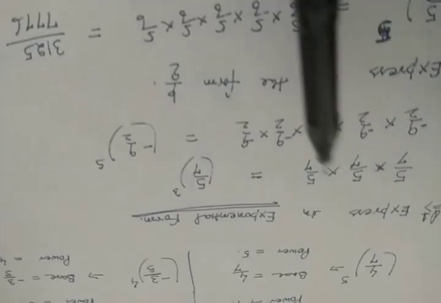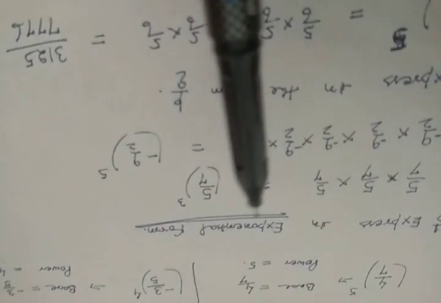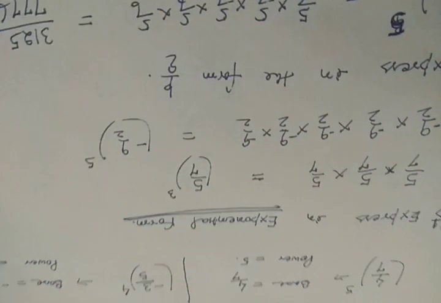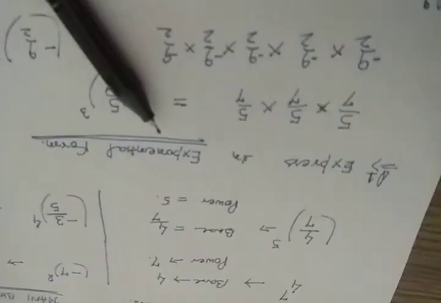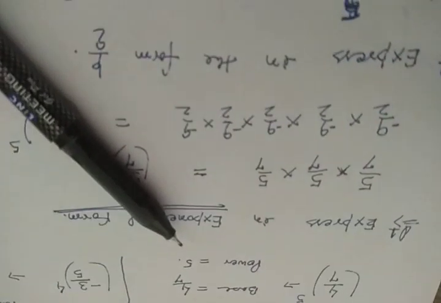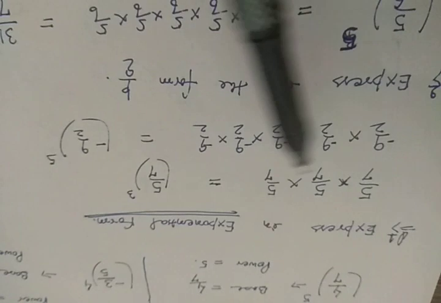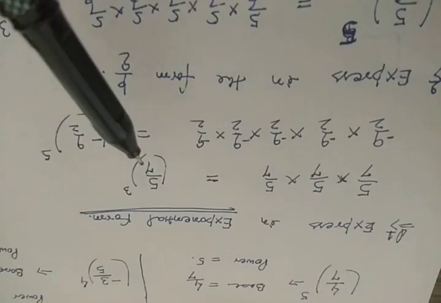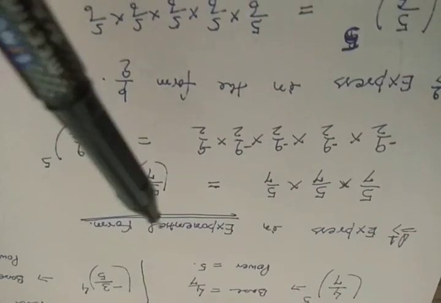So the question says express in exponential form. Okay, what is the question? Just see, the question part is simply 5 by 7 into 5 by 7 into 5 by 7. How do we write the answer in exponential form?